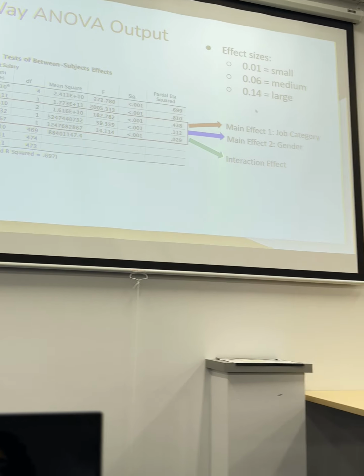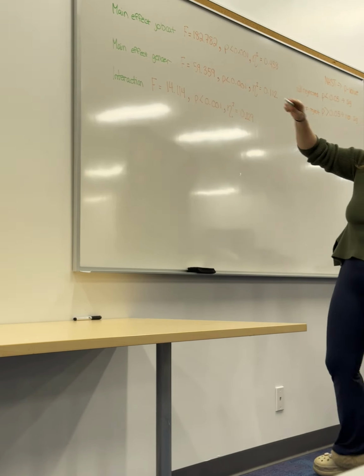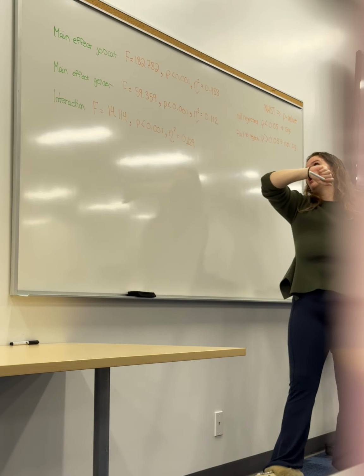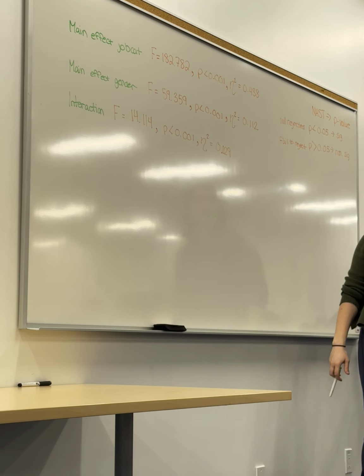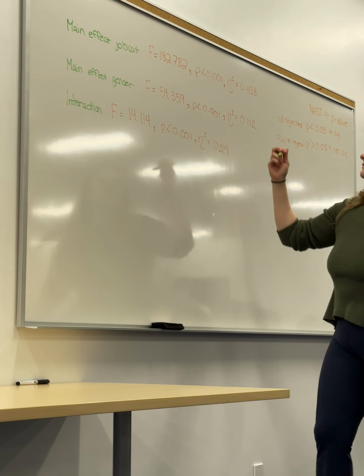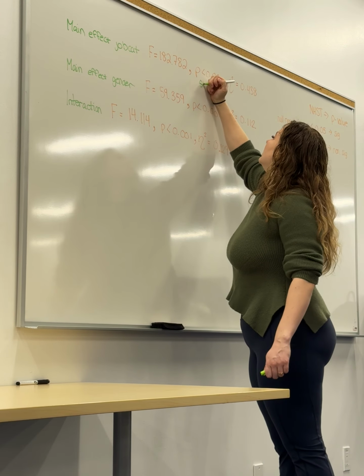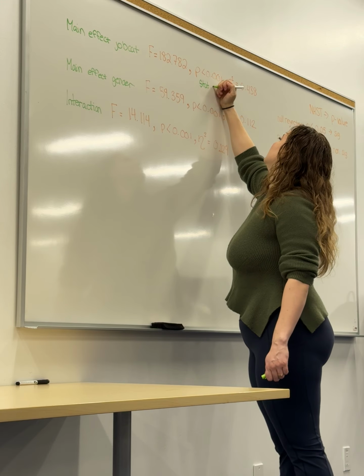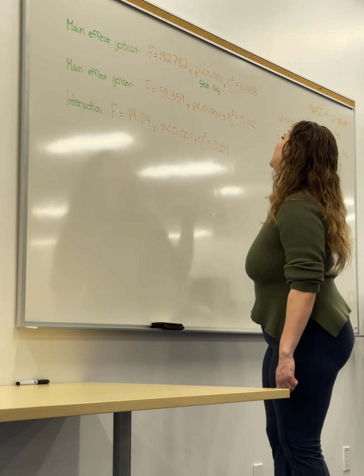So we'll start with the main effect of job category. We have an F value of 182.782, p less than 0.001, and a partial eta squared of 0.438. Our p value is statistically significant. So it is significant. Coolio.